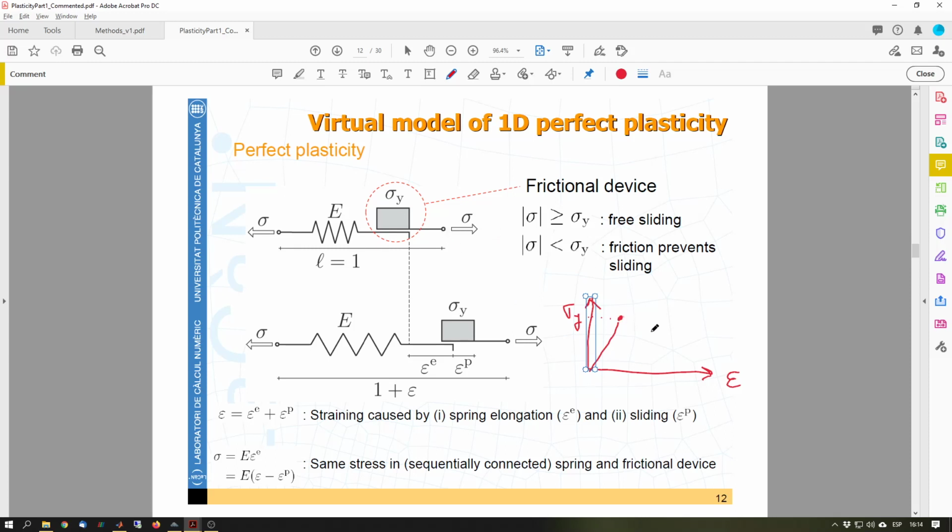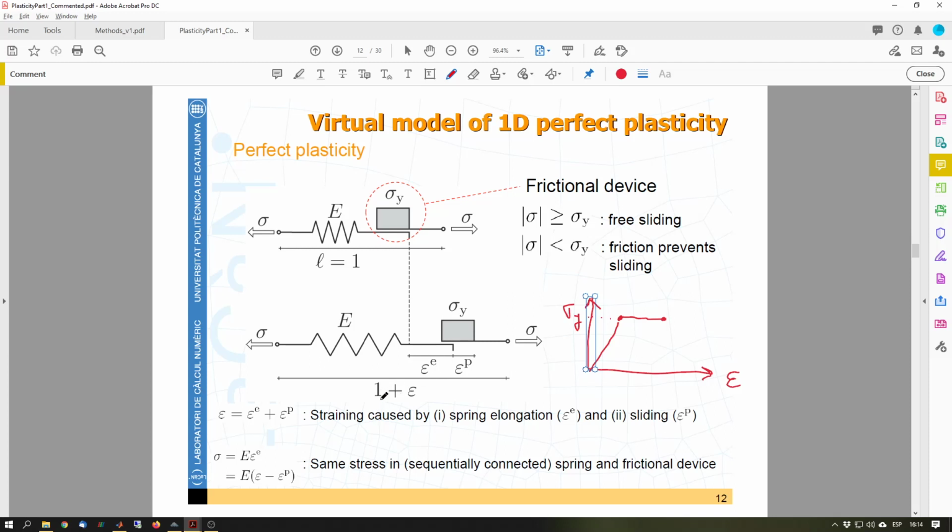When I keep increasing my stresses beyond sigma y, this starts to slide and the spring is still stretched with this stress value, but my strains are not due to the spring lengthening, but instead to the relative slide. That would be equivalent to this sliding with a given amount, which is this epsilon p. This is a relative slide of my frictional device, and this has been pulled a given amount, epsilon e.